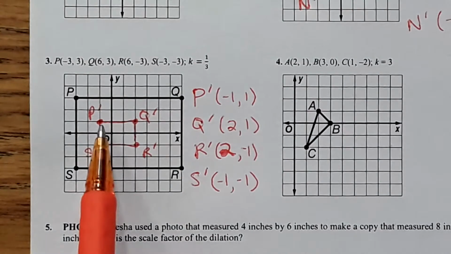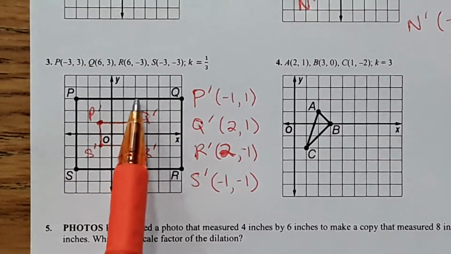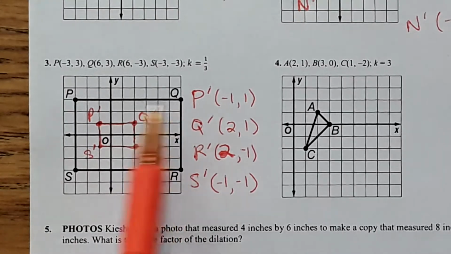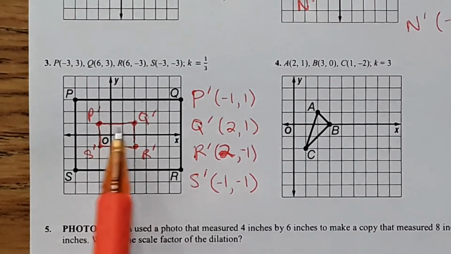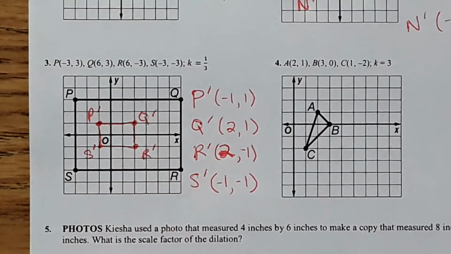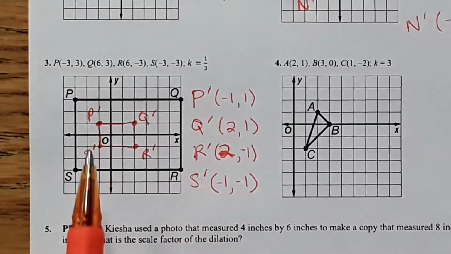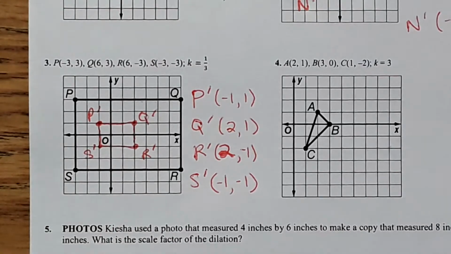You can check this because counting across 1, 2, 3, 4, 5, 6, 7, 8, 9, it's 9 across. 1, 2, 3 for our image going across. 3 is 1/3 of 9, or in other words, 9 divided by 3 is 3. So that's 1/3 the size.